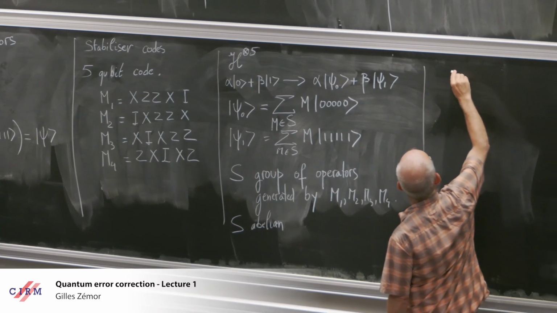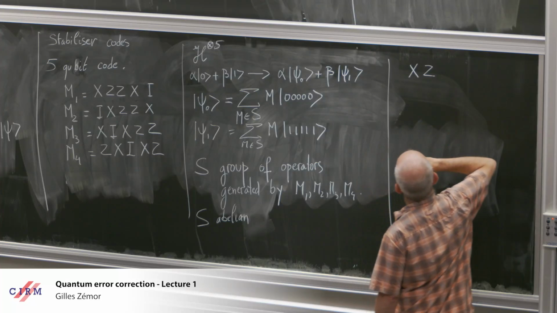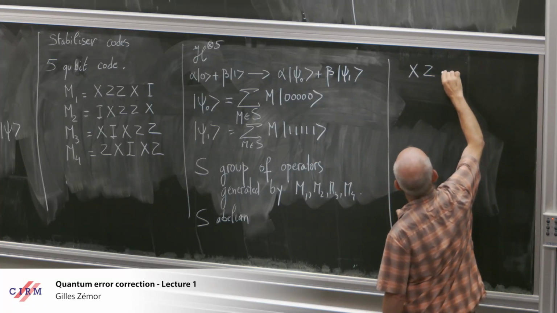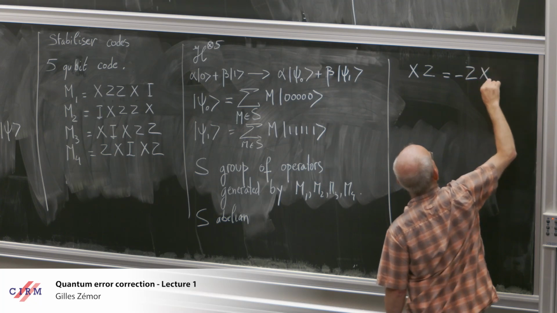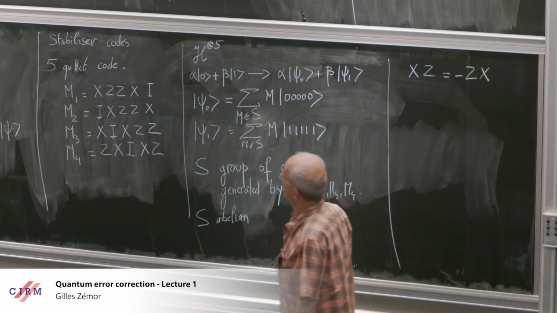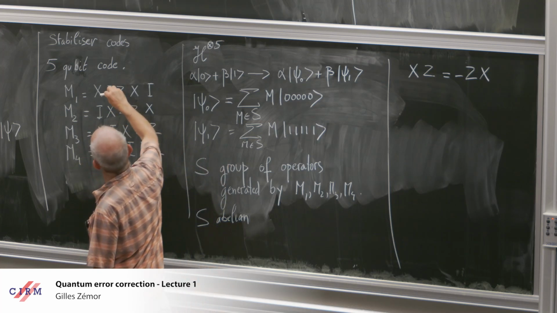So on one qubit, you may want to remember that X and Z, they anti-commute. X times Z is minus Z times X. And when you do this sort of thing simultaneously, you see that X commutes with identity.